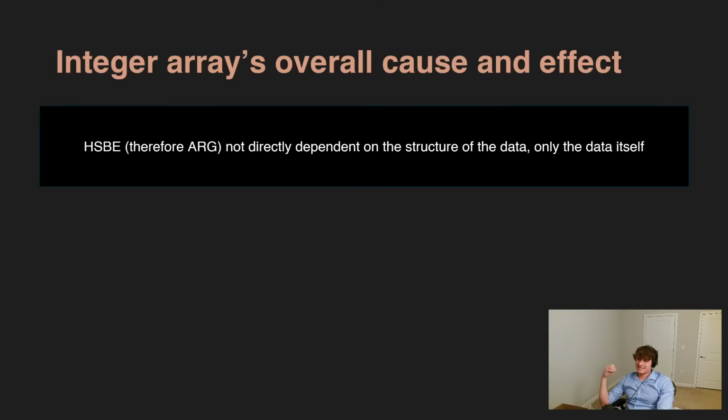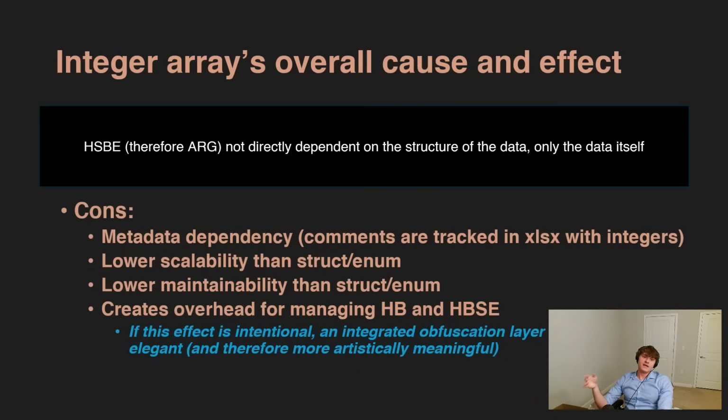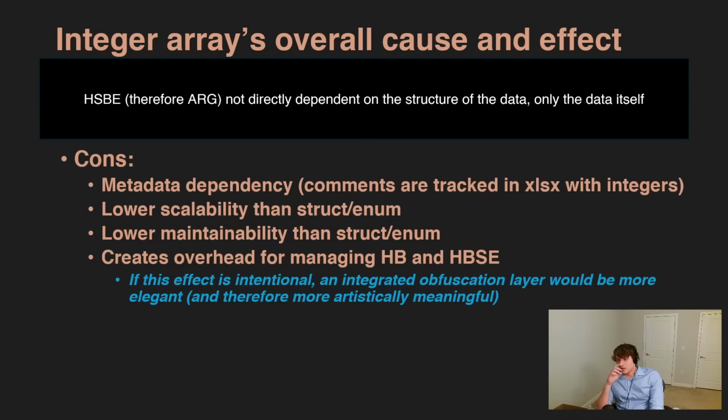It's dependent on the data itself, and as a con, the metadata that is attached to it through this Excel sheet that they have to, as a group effort and working directly with him, compile, then make it a TSV, then sanitize it in Python, then reconvert it to an integer array in C. And so that is what I mean by a metadata dependency.